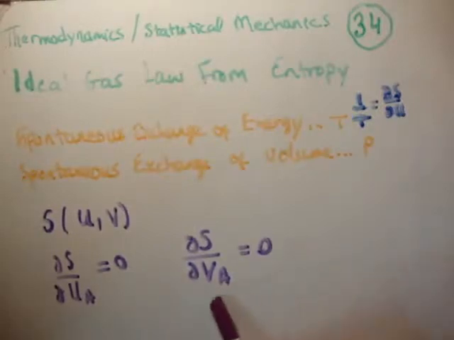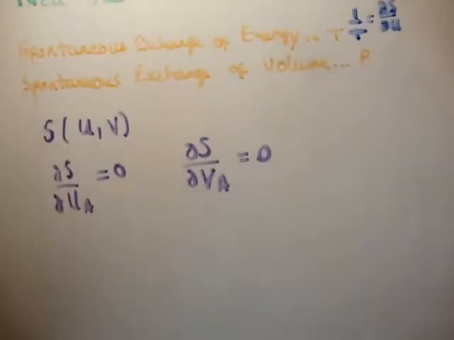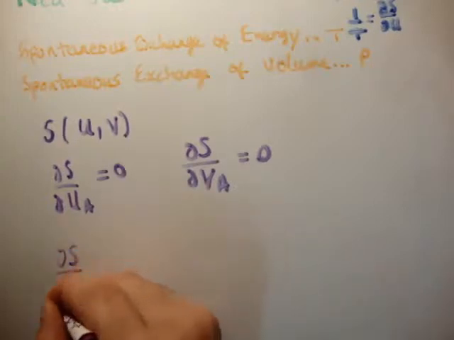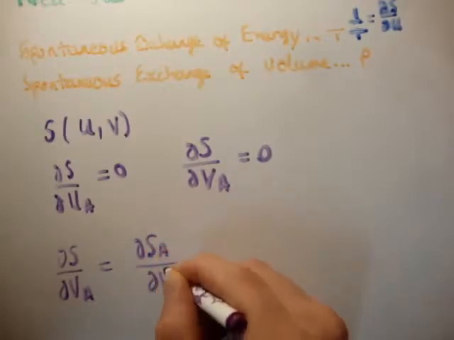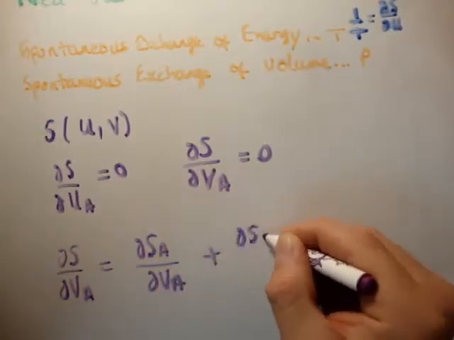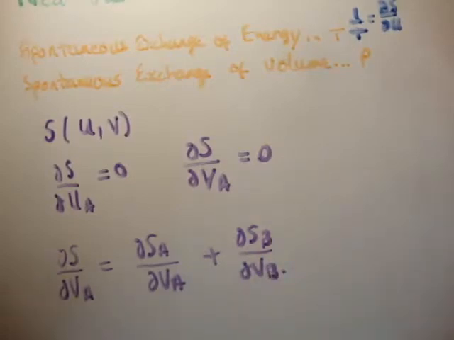So what will this particular equation give us? Del S del V sub A is equal to 0. Well, we know that the total entropy is just the sum of the individual entropies. That's just a property of entropy. So that means del S del V sub A is equal to del S A del V A plus del S B del V B. But we know that if we add anything to A, we have to have taken it from B. So we'll say del V B is minus del V A and vice versa.